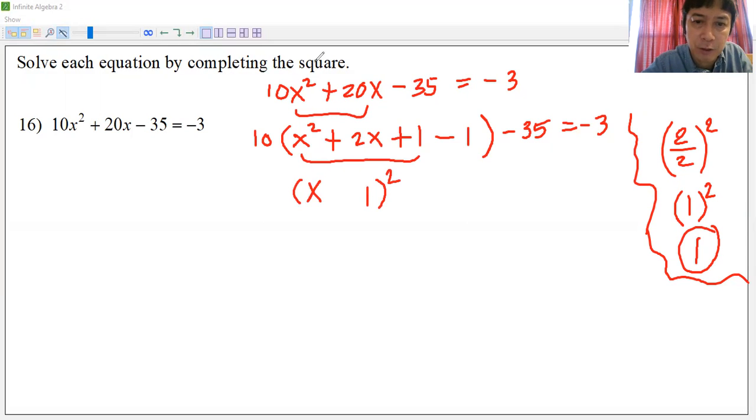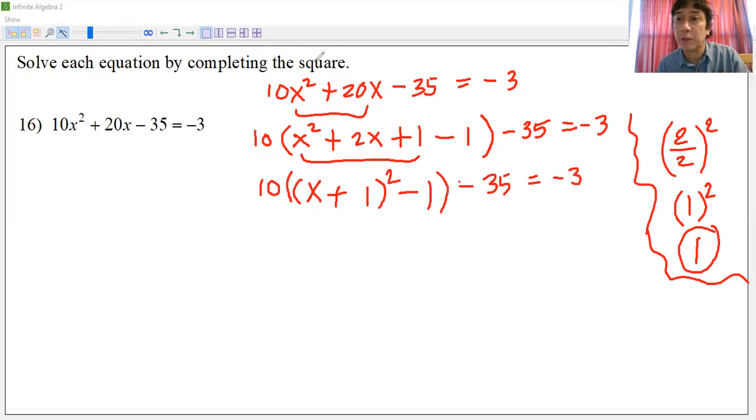It's a positive there. After which it follows, you still have the minus 1 there. And this is supposed to be the original parentheses there, and the 10 is outside there, like that. And this is minus 35 equals negative 3 there.